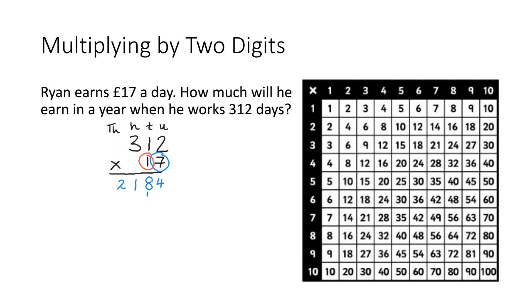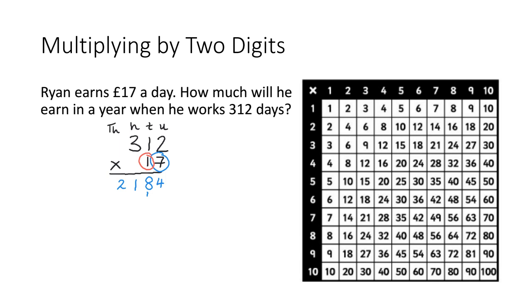Or the other way we can look at it is we're going to start the multiplication in the tens column. So again, I'm going to carry it out just like a normal calculation, but the number that I'm multiplying by is in the tens column, so I'm going to start in the tens column.